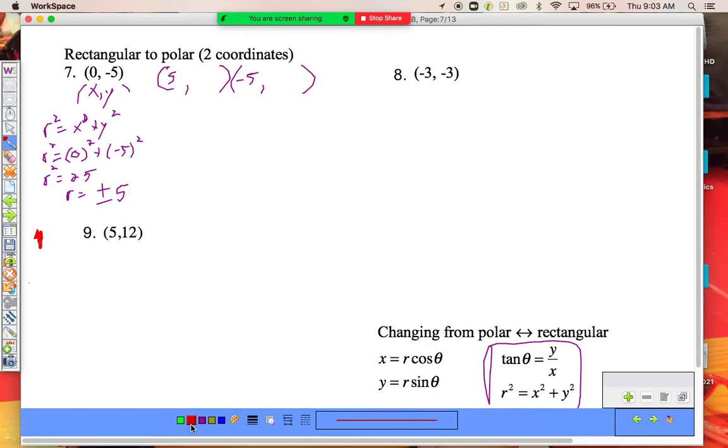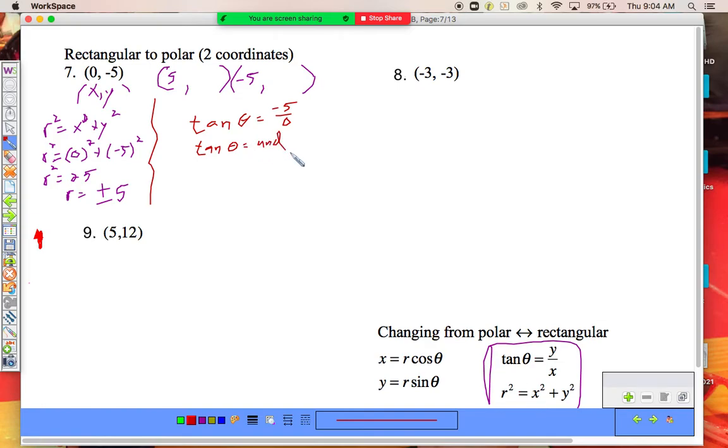All right, my next thought. My tangent of theta is going to be my y over my x. So I'm doing tangent of theta is -5 over 0, which means my tangent of theta is undefined.